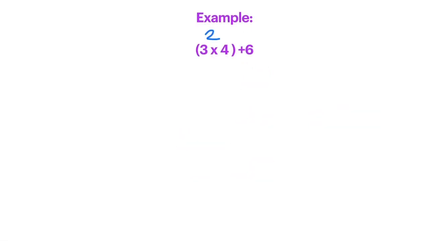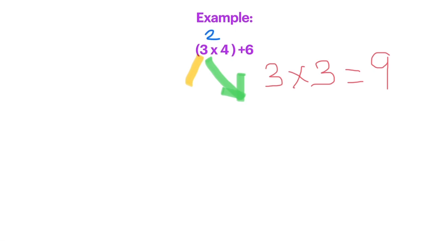Now look at another example. According to BEDMAS, first we need to simplify the exponent. So our first step is to simplify the exponent. So 3 times 3 equals 9. Now our second step is to simplify the bracket.